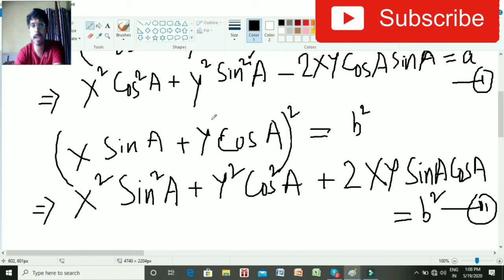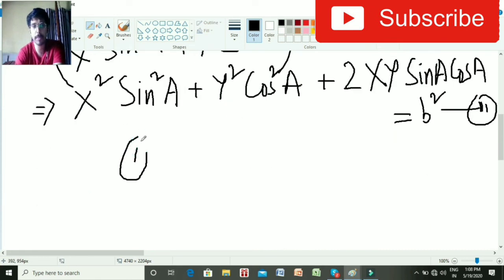Now let us add both equations. So next step is equation 1 plus equation 2.